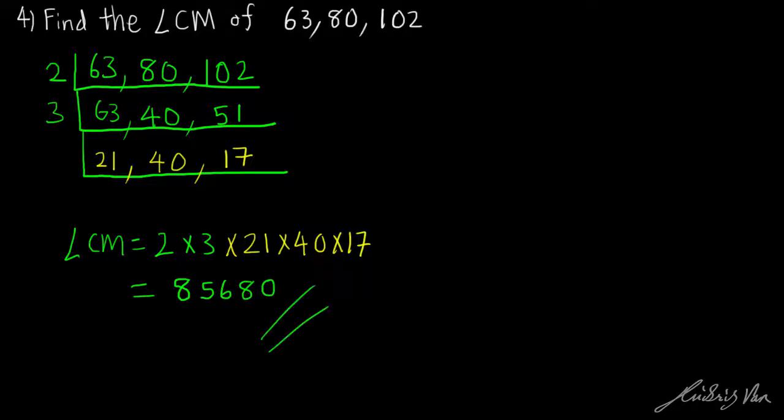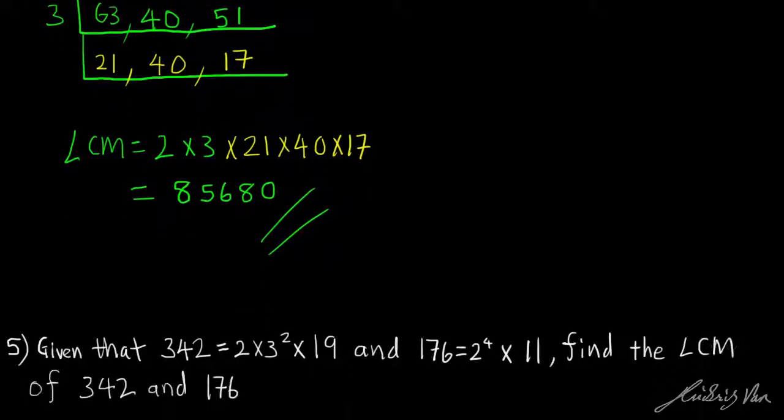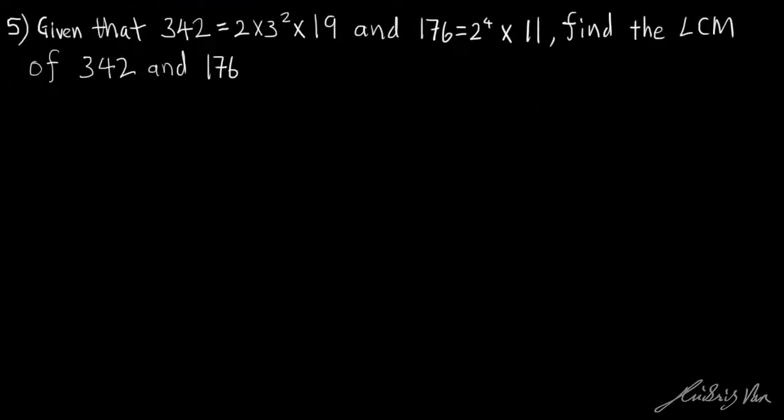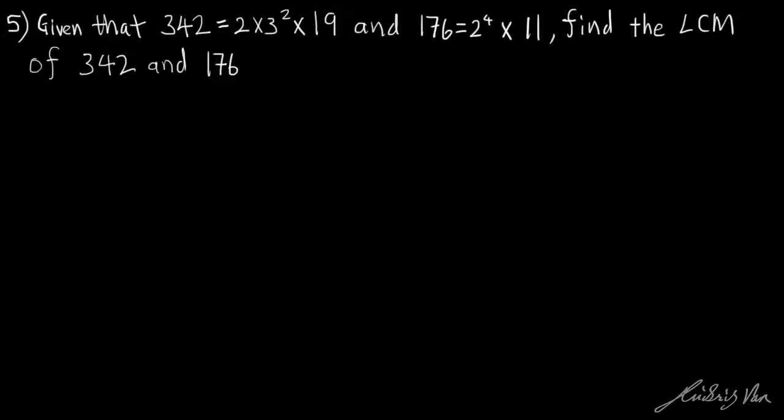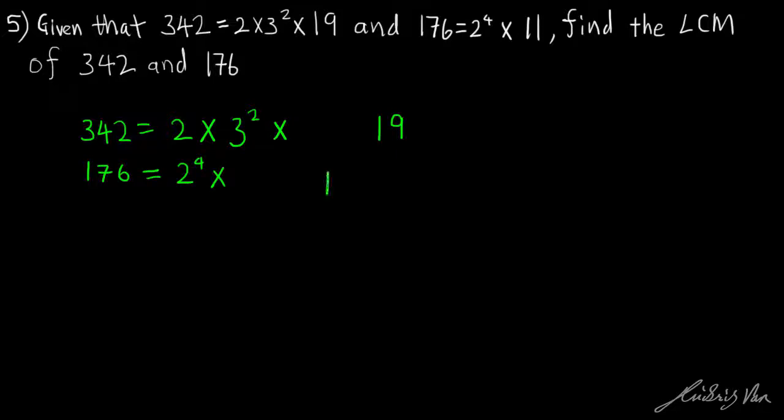The last example which I will go through is slightly different. In this case, they have prime factorized out 342 as well as 176 for us. Like what we did in HCF, we have to write them down in 2 lines. So 342 is equals to 2 times 3 to the power of 2 times, let us leave a blank, times 19. 176 is equals to 2 to the power of 4 times, let us leave a blank, times 11.